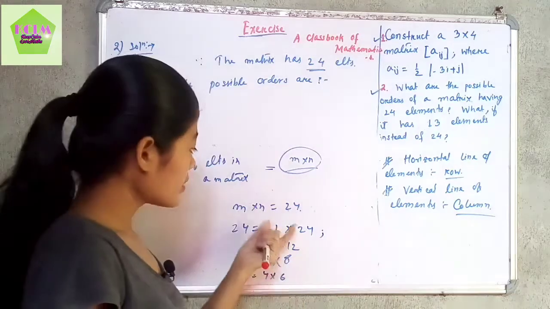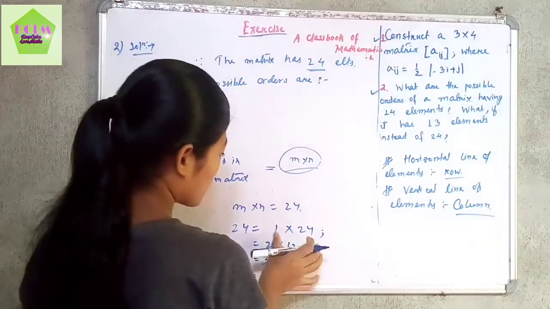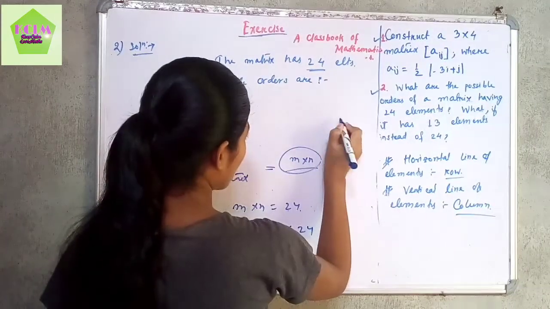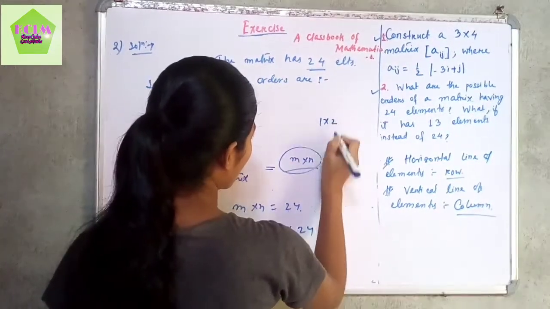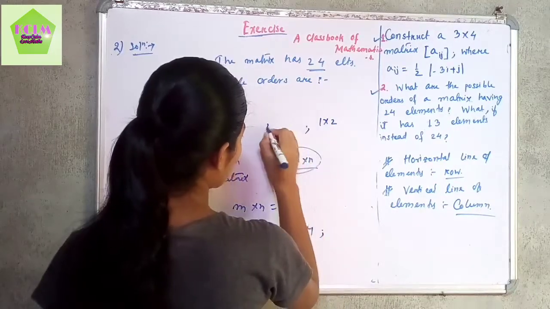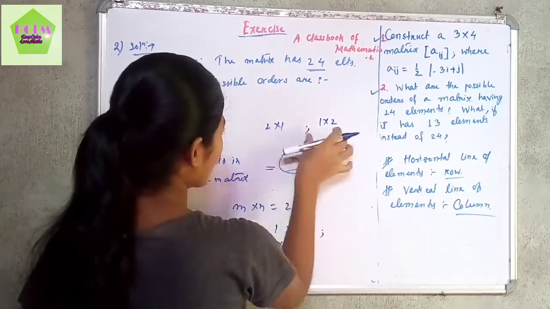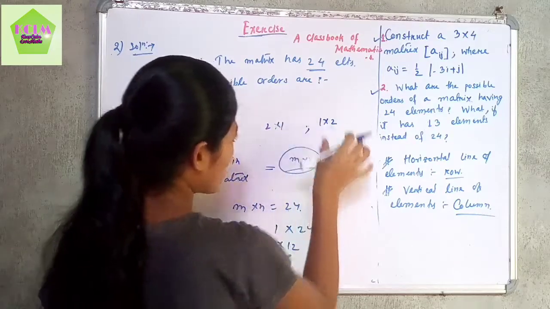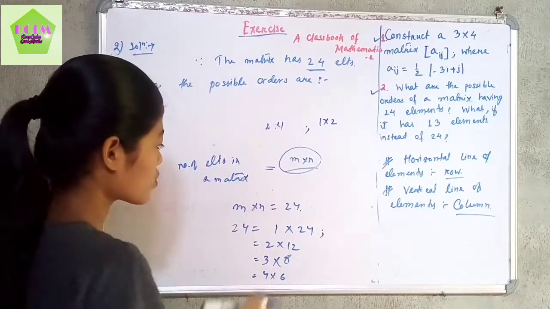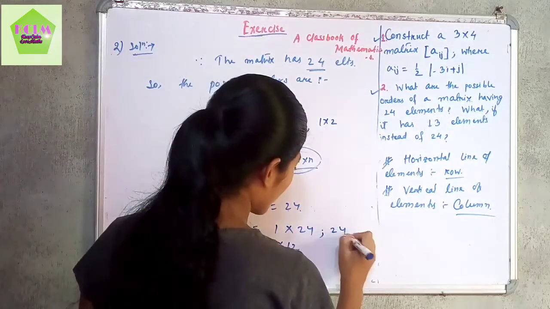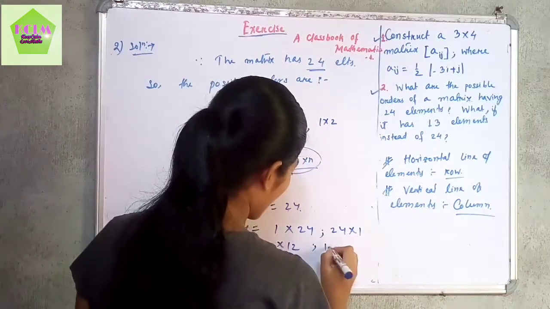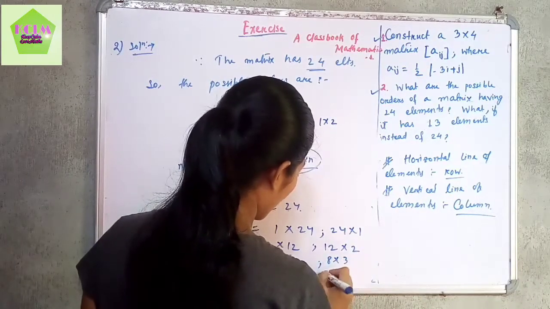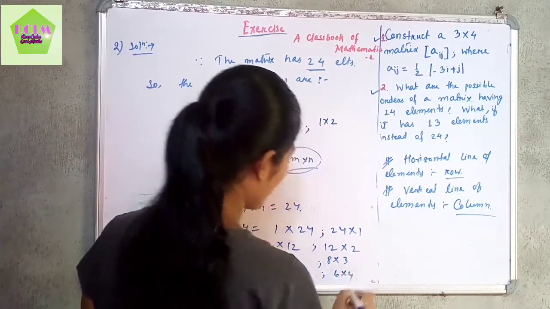Now reverse the orders, because in a matrix we all know if the order is 1 by 2 and there is another matrix of 2 by 1, these are not equal. 2 cross 1 matrix and 1 cross 2 matrix are two different matrices. So here, 24 into 1, 12 into 2, 8 into 3, last 6 into 4.